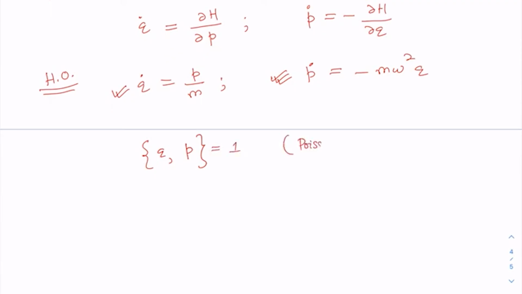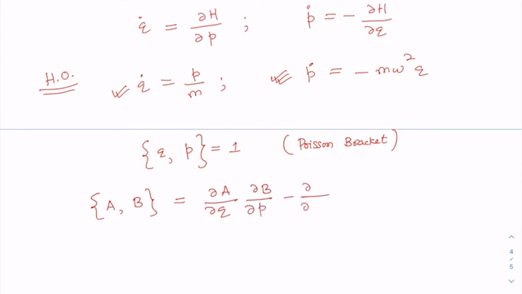Let me just remind you that the Poisson bracket between two classical quantities A and B is defined like this: del A del q del B del p minus del B del q del A del p, and you can easily verify that the Poisson bracket of q and p is equal to 1.